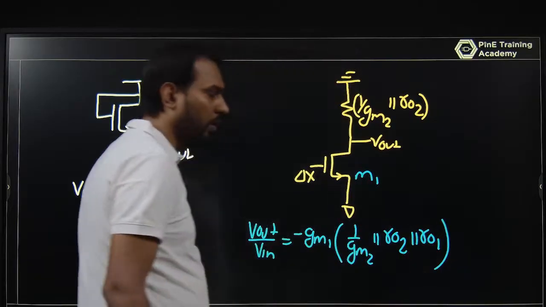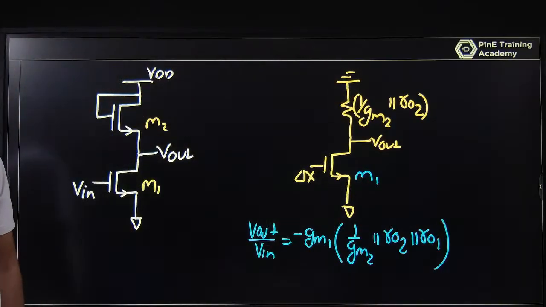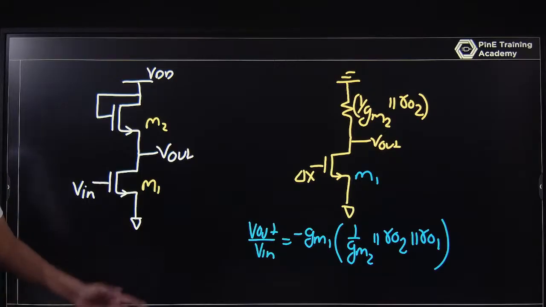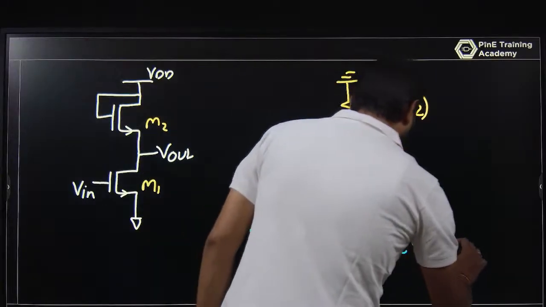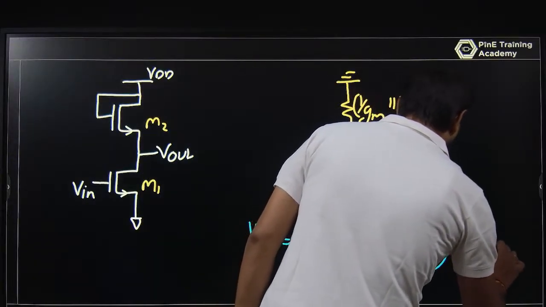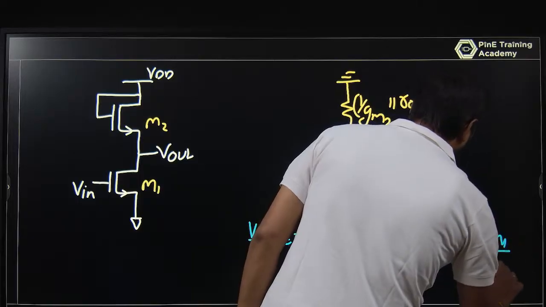This is the gain with a resistive load, and if 1 by gm2 is small compared to R naught 1 and R naught 2, it is nearly about minus gm1 upon gm2.